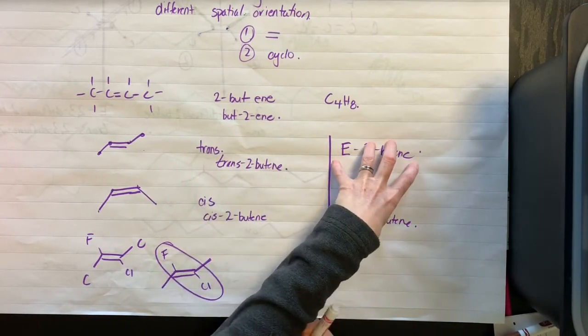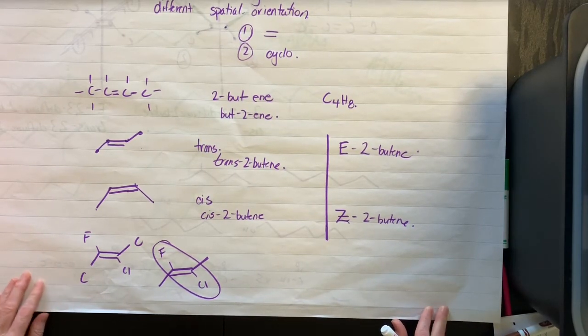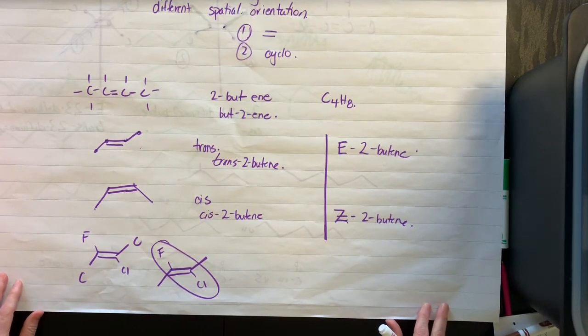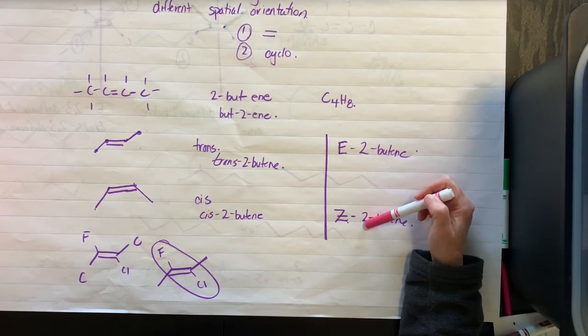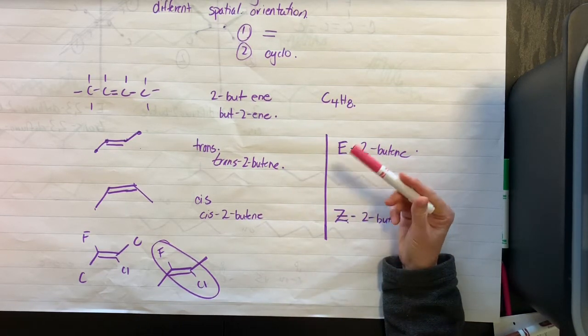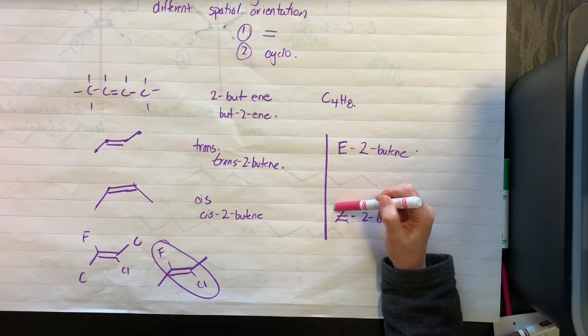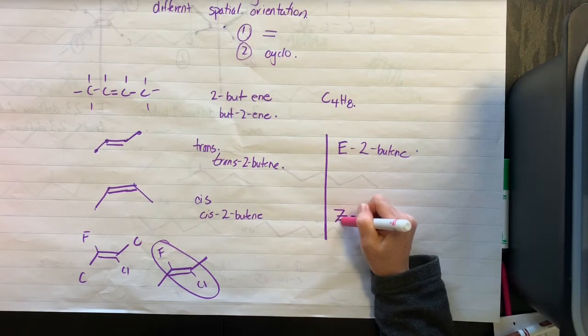There is a new, improved way, which is E and Z. For reasons that I don't really want to get into right now, they came up with an even more accurate way of naming cis and trans compounds, or these stereoisomers. It comes from German words. The word together is zusammen, which starts with a Z in German.